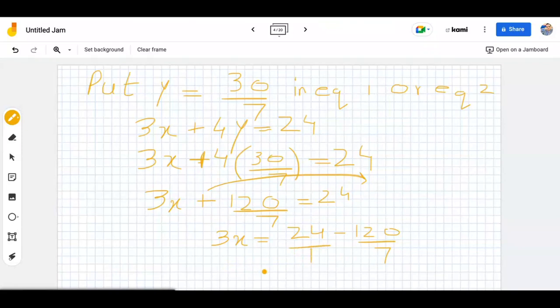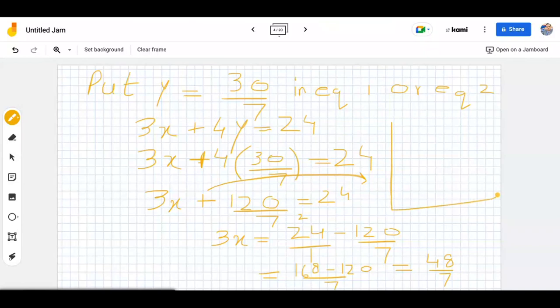Now we can take an LCM. 7 remains in the denominator. 1 times 7 is 7. 7 times 24 is 168, so 168 will be in the numerator minus 120. On the right hand side we get 48 over 7.